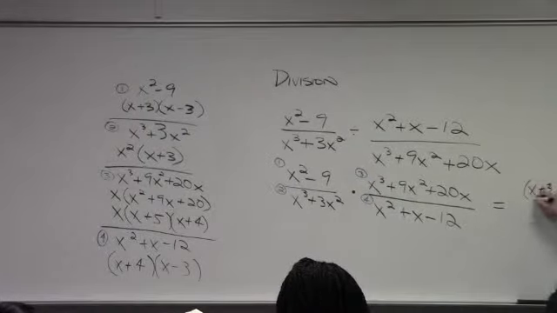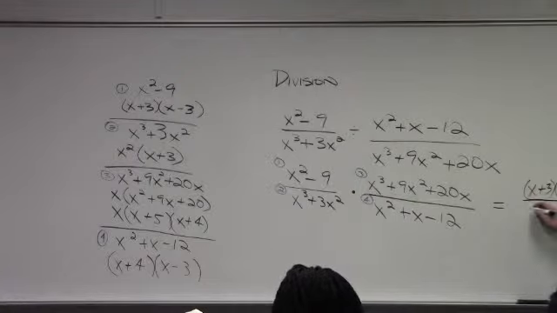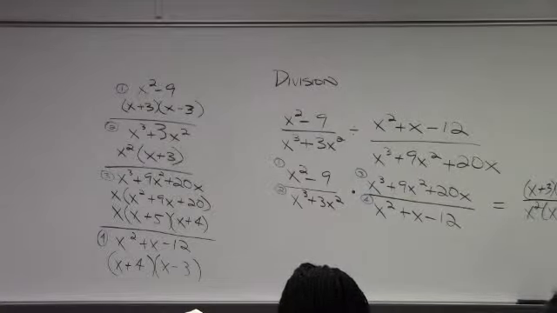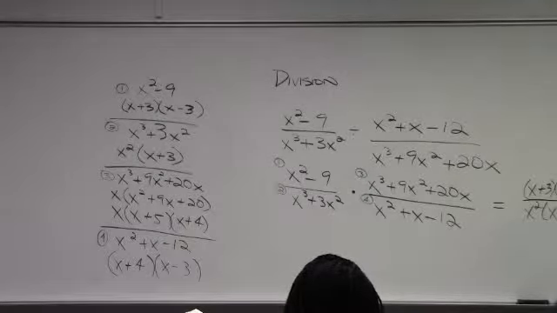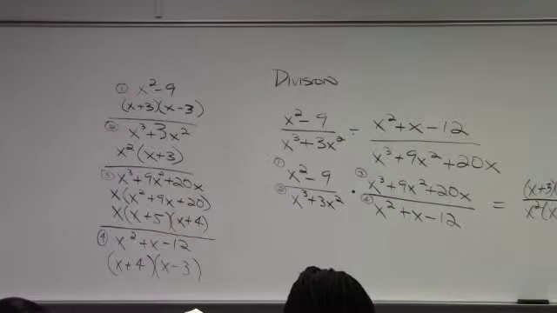X plus 3, X minus 3, X squared, X plus 3, times X, X plus 4. So we have everything completely factored. Now what do we want to do?